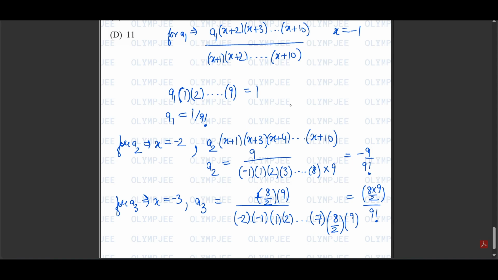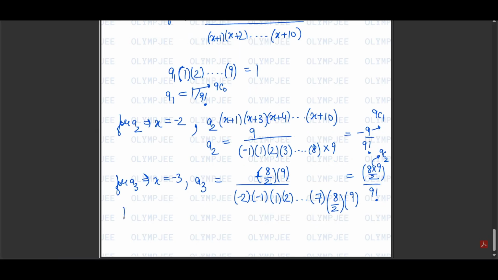So see, there is a relationship that we already discussed, that the numerator must be something related to binomial coefficients. So this is 9c0, this is 9c1, and this is 9c2, right? So similarly, we can predict that for a4, we will get a4 is equal to 9c3 by 9 factorial, and there would be a minus sign because a2 also had a minus sign.